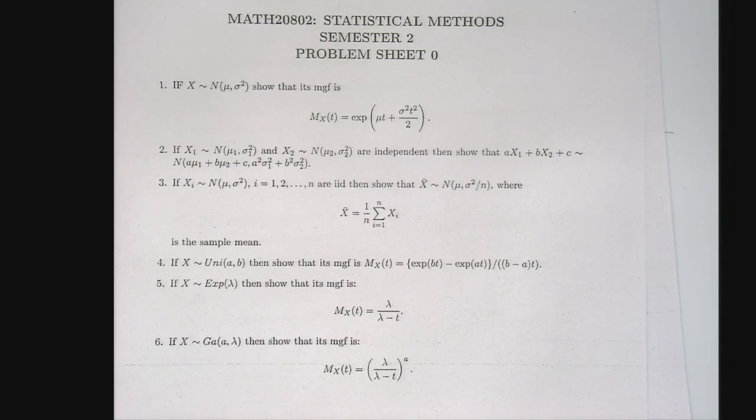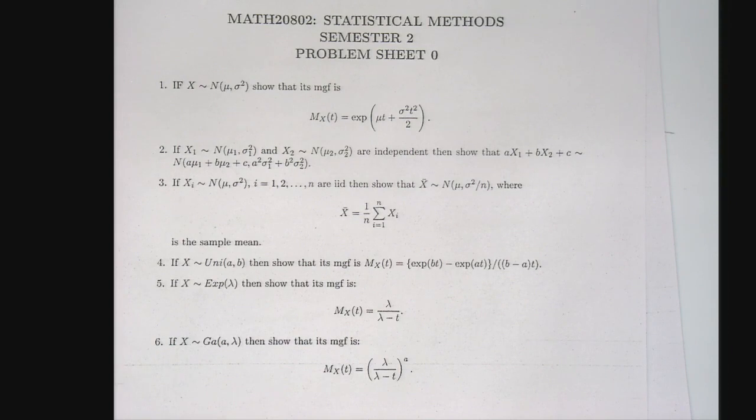Now, this guy here is the MGF of x1 at ta. This guy here is the MGF of x2 at tb, and this is simply this.